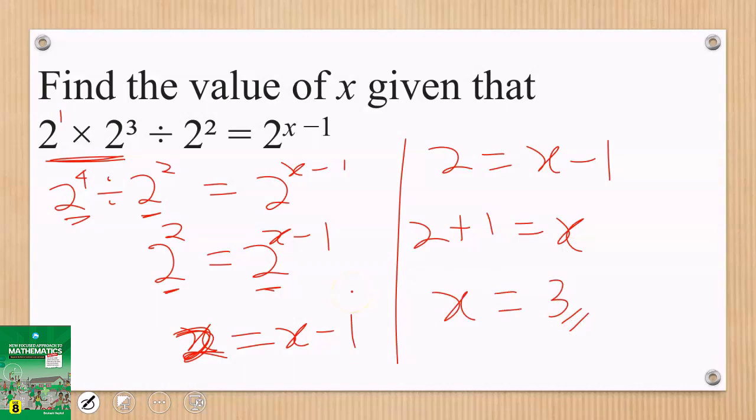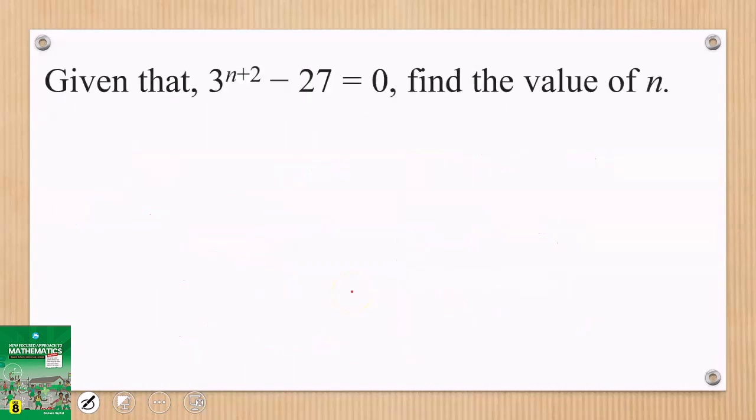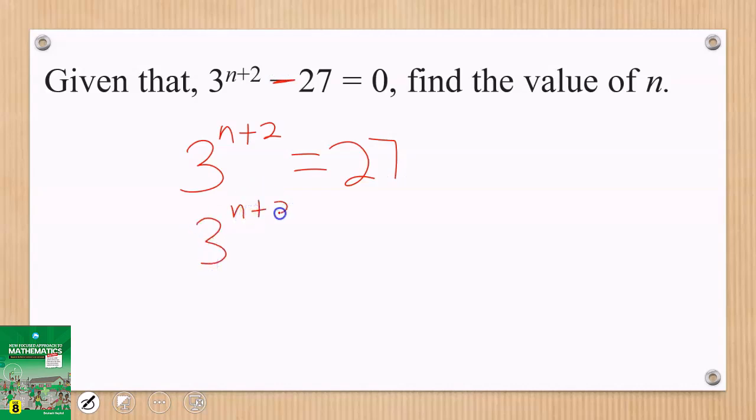Let's try another example. Say you are given 3 to the power n plus 2 minus 27 equals 0. We want to find the value of n. Here we can group like terms by having 3 exponent n plus 2 is equal to 27, because it's minus here, it will be plus. Now I can keep my 3 exponent n plus 2 and change 27 to indices.